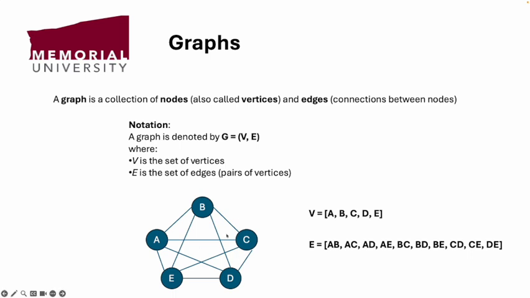So the set of edges will be AB, AC, AD, and AE, and then from B: BC, BD, BE, from C: CD, CE, and then from D: DE. That's the linking that describes the edges. That's a graph, the general definition of a graph.